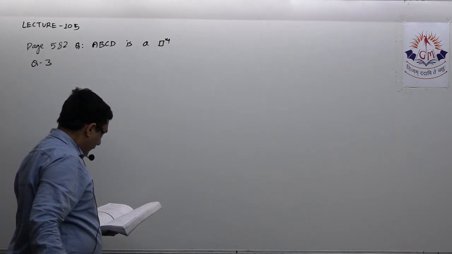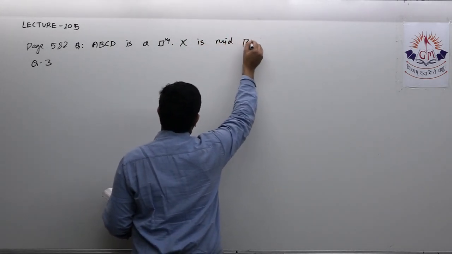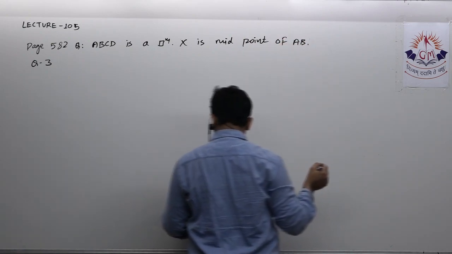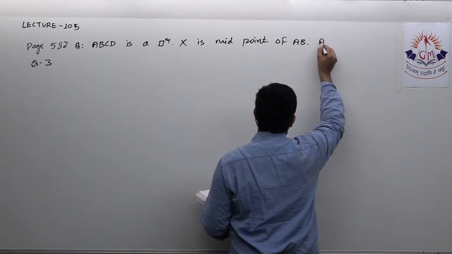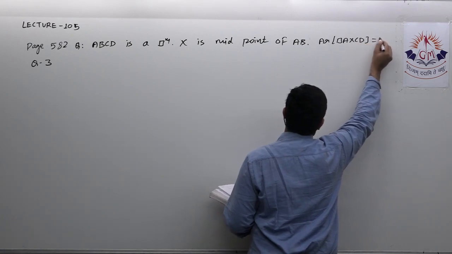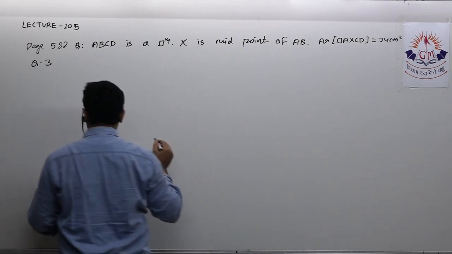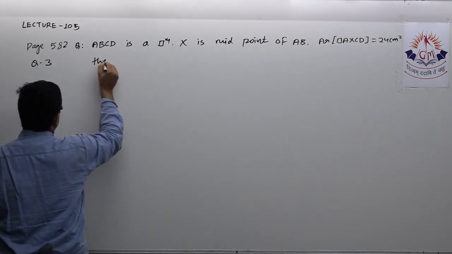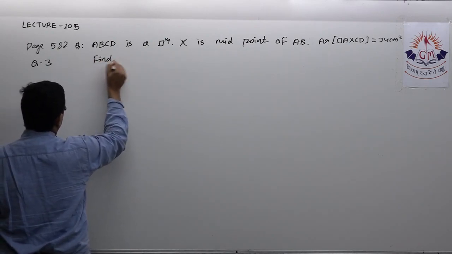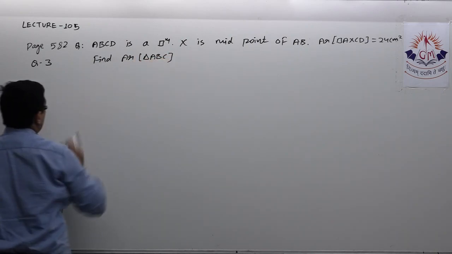X is midpoint of AB. If area of quadrilateral AXCD is equal to 24 centimeters square, then find the area ABC. Or simply find area of triangle ABC.